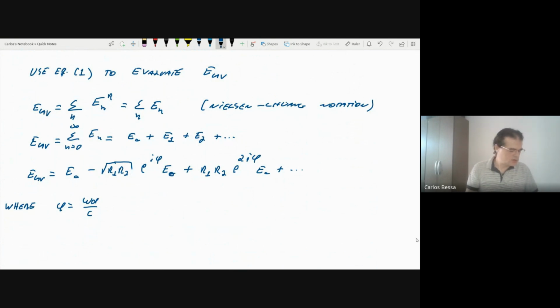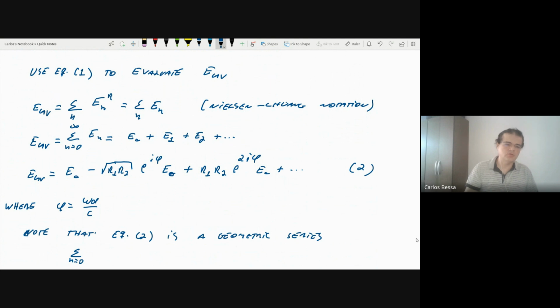Well, if you guys notice, this is equation 2. Note that equation 2 is a geometric series, that in general is the sum from n equals 0 to infinity of a r to the n.